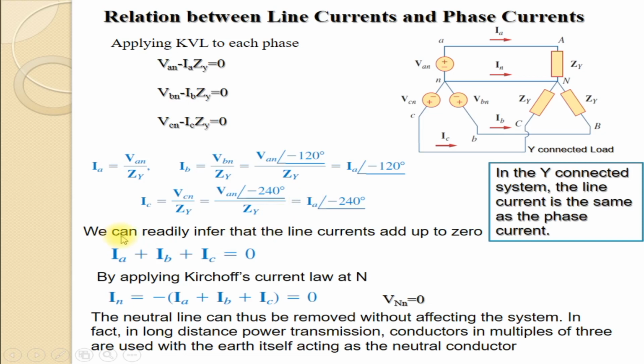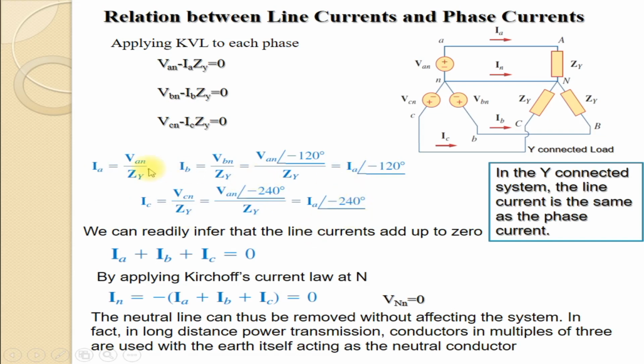Now, if you consider IA, IB and IC, they form three vectors which are separated by an angle of 120 degree each. That means IB lags with respect to IA by an angle of 120 degree, and IC lags with respect to IA by an angle of 240 degree.